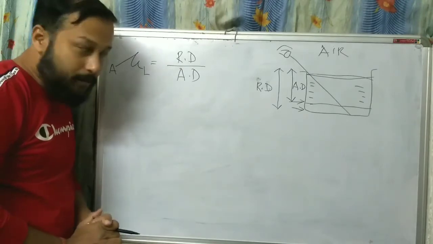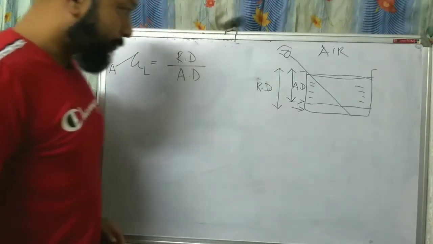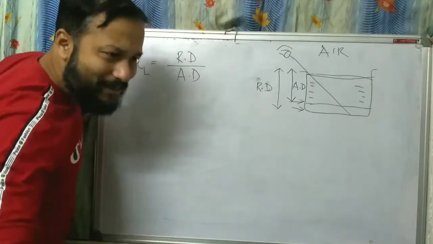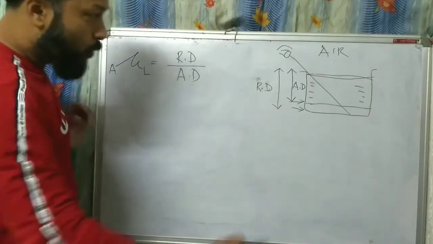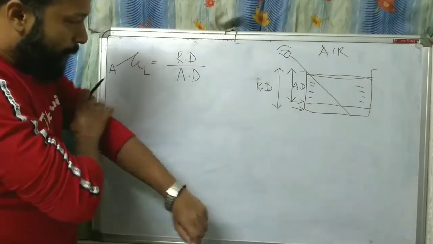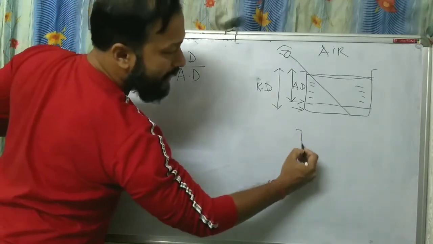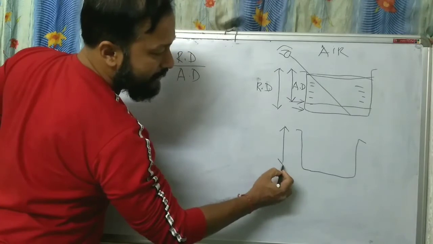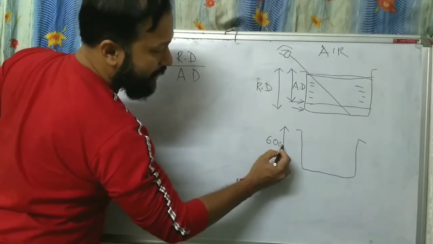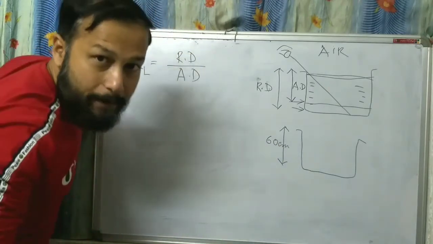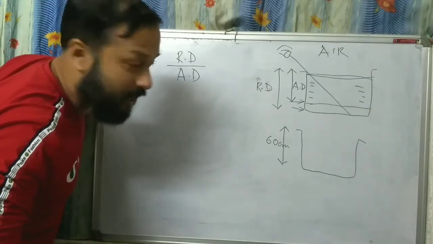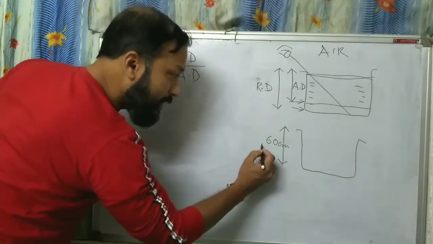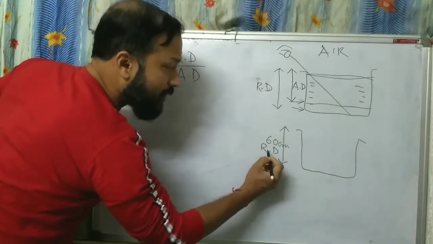Fine. Now say we are doing an experiment. According to that experiment, say I am taking a vessel whose depth is 60 centimeter. Now 60 centimeter is the real depth.